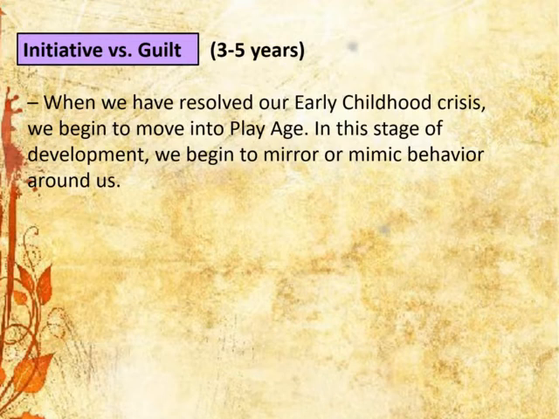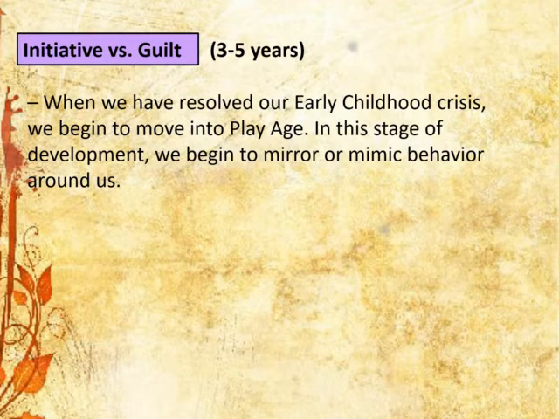The saddest side of this stage is that parents tend to punish the child, control, and restrict his initiatives too much. Then the child begins to question and thirst for more knowledge.